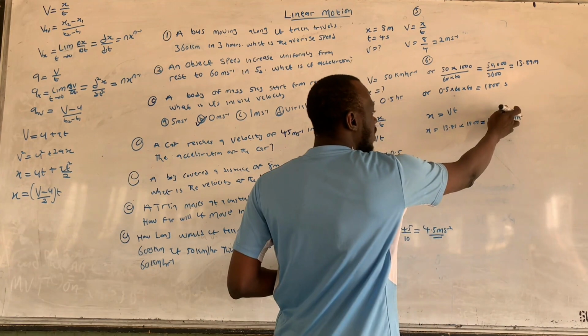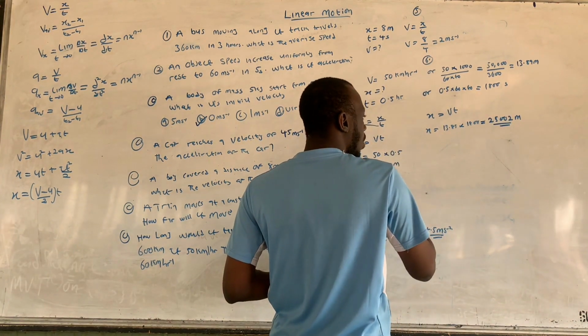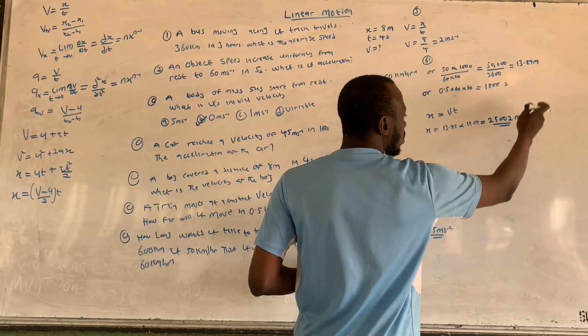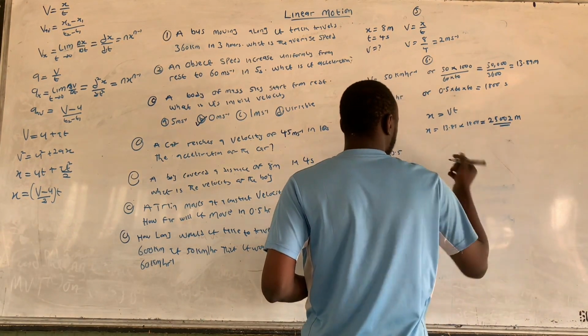You see, if we convert this back to kilometers, we divide by 1,000, and it will become something like this.